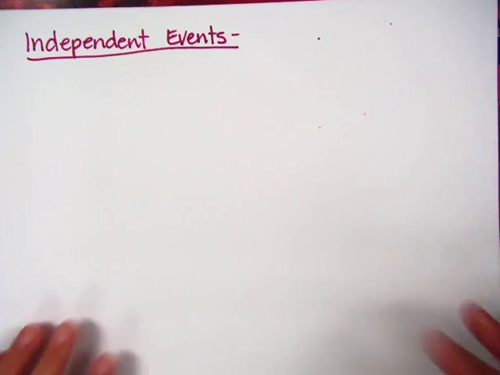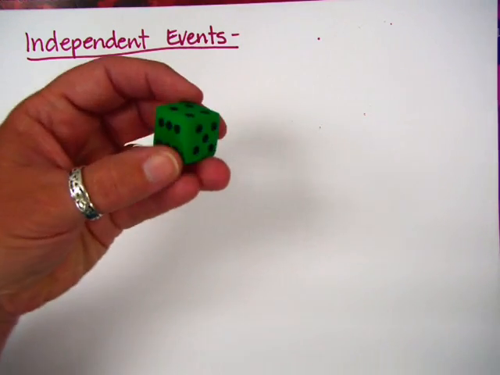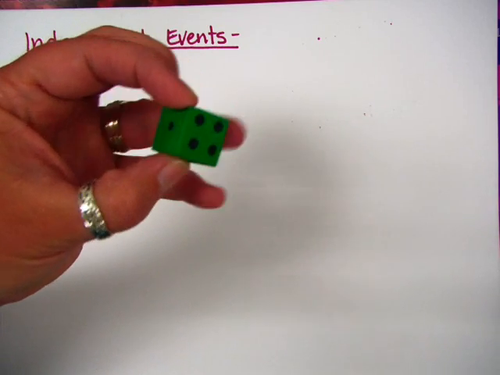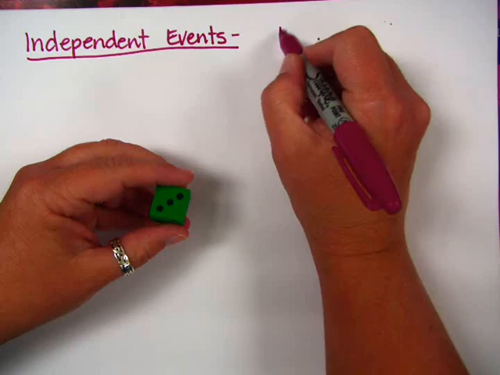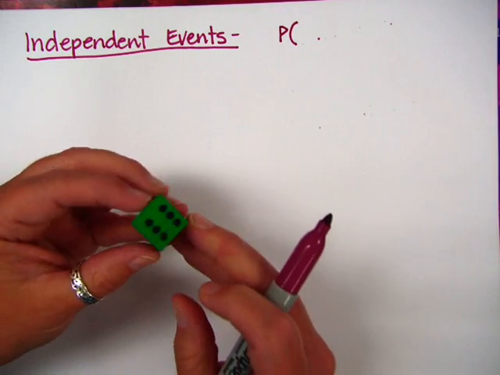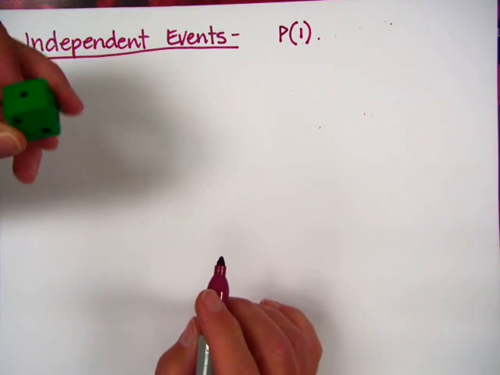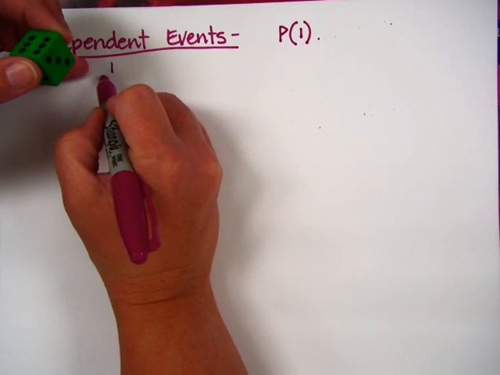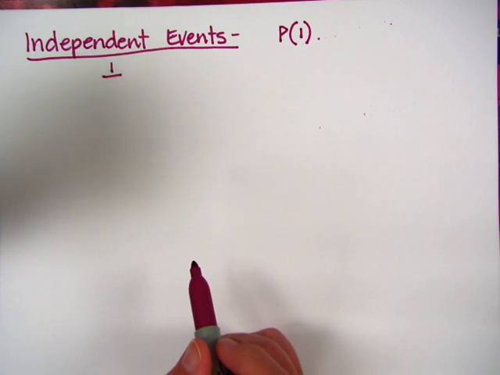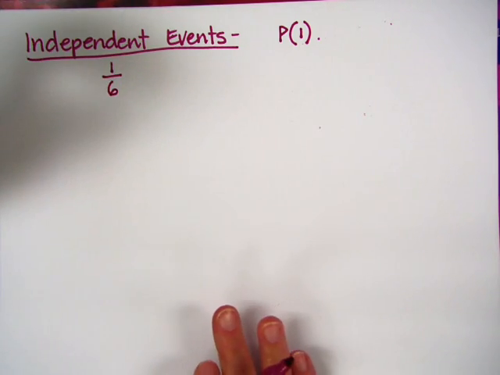For example, if I had this dice, and it's a standard 6-sided dice, 1 through 6, and I wanted to find the probability of rolling a 1. What is the probability of rolling a 1? Well, you have one favorable outcome, because there's only one 1 on a 6-sided dice, right? And you have 6 possible outcomes.